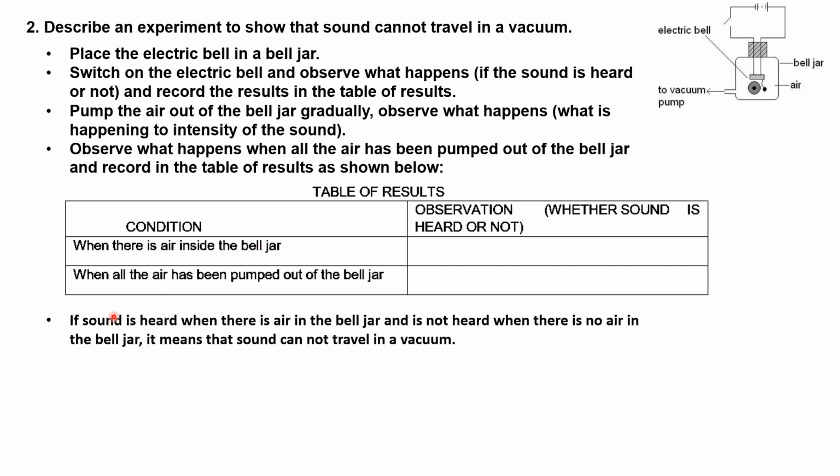In the conclusion there, you have to state by giving a condition. If sound is heard when there's air in the bell and is not heard when there's no air in the bell, it means that sound cannot travel in a vacuum. So this is how you present your answer.